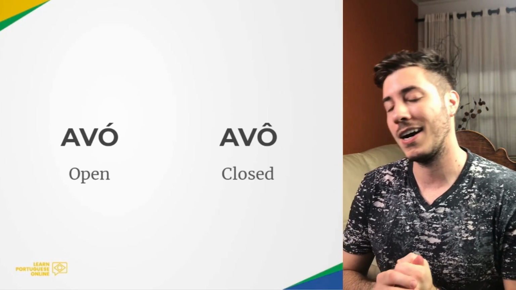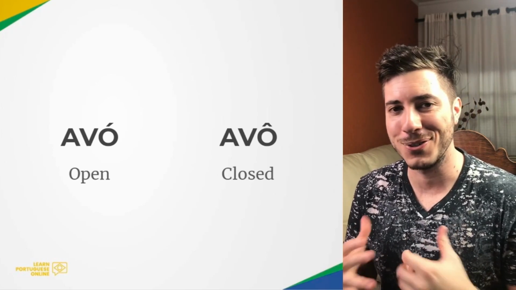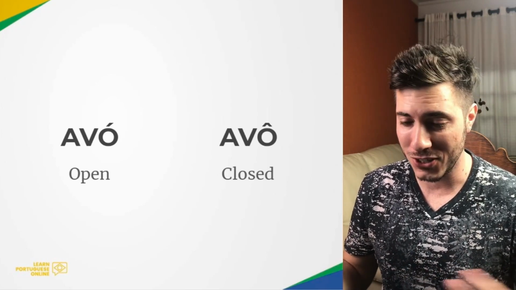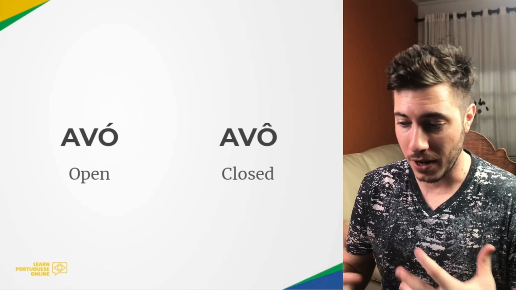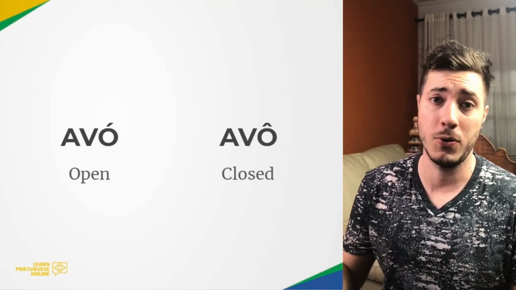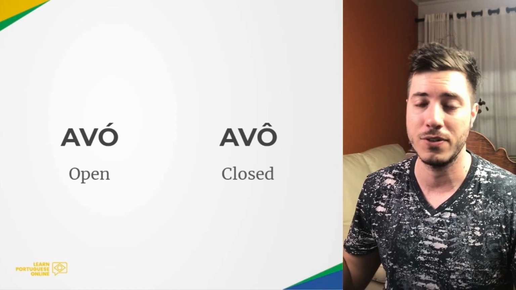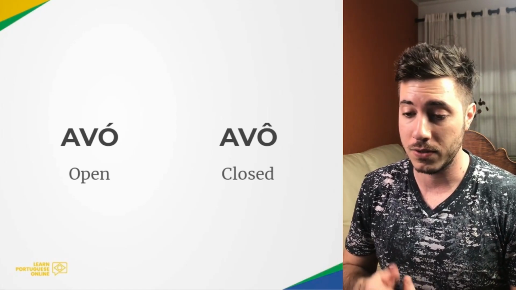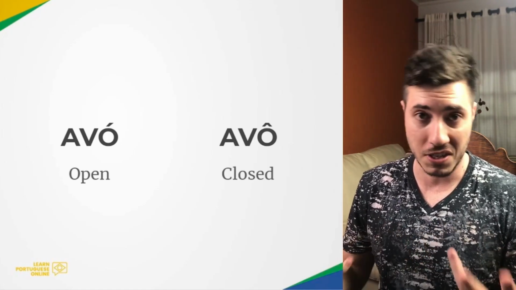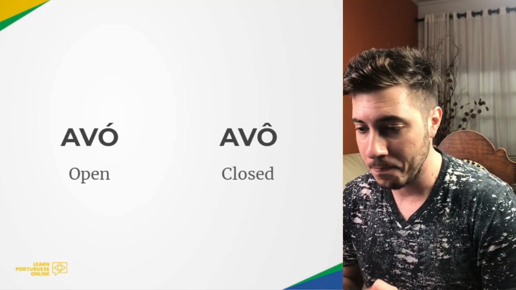That sounds like oi vei, so avô. And that's pretty much it. I hope this video helps you. It's simple stuff, but it's going to make a lot of difference in your pronunciation. You'll sound much more Brazilian if you pronounce it like that.